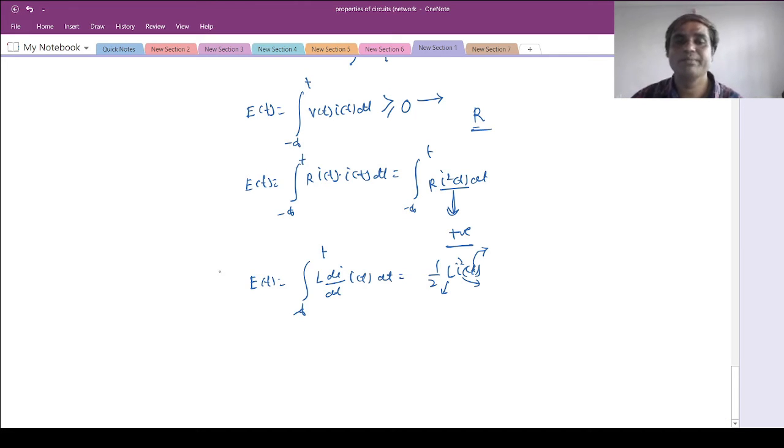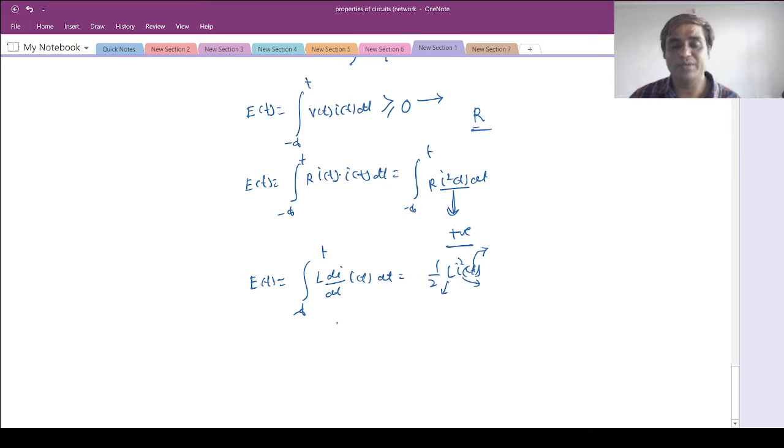But again, the question may come up with L and C. Suppose I have these, and these are energy storage elements, but the question may come to our mind that they are also giving energy. So it is to be noted that the values of L and C are positive, and these are my energy storage elements. They can deliver energy to other elements only as much as the energy that has been stored in that particular L and C. They cannot generate energy.